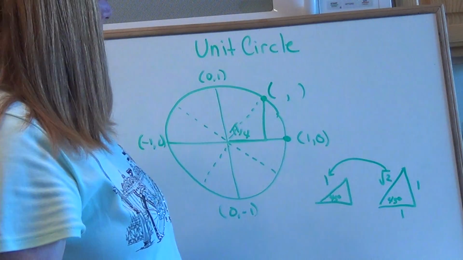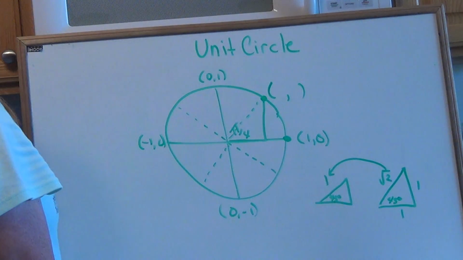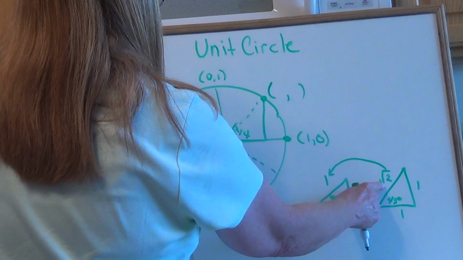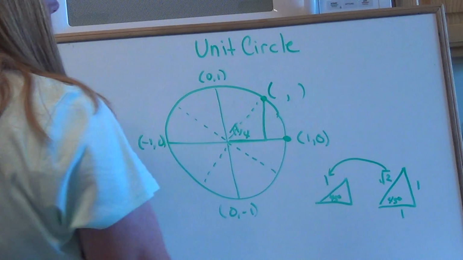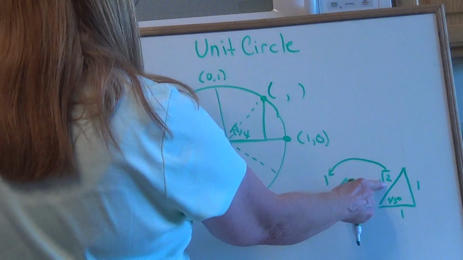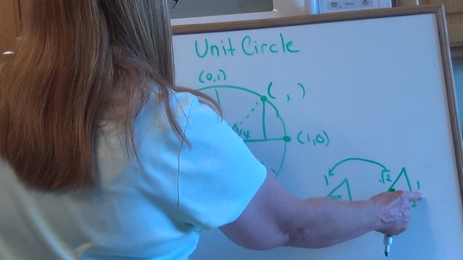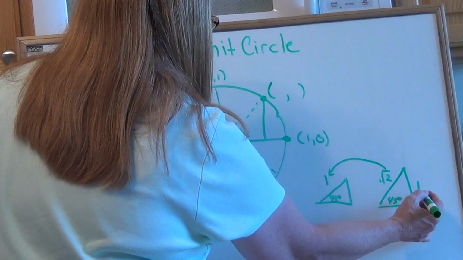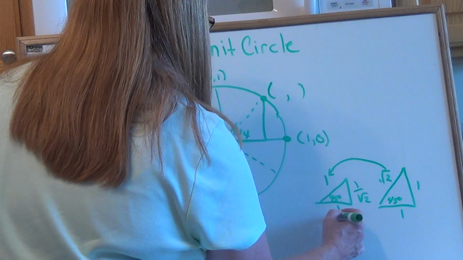And whatever that is, I'm going to do it the same to each of the other sides. So how do I get from square root of 2 to 1? Well, I had to take that and divide it by itself. So if I divide that by square root of 2 to get 1, in like manner, I have to divide this by square root of 2. 1 over square root of 2, and this side is the same.